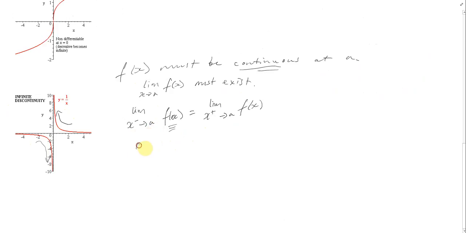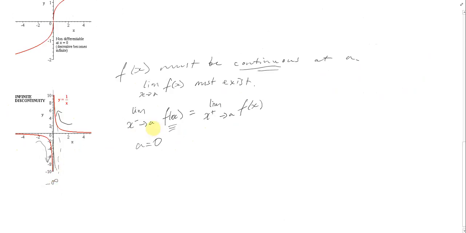So here for this example, our a point is 0. It's this point here that we're interested in, where you can see that there's an asymptote along here. Well, from the negative side, you can see that this graph keeps getting smaller and smaller. It goes down all the way to negative infinity.